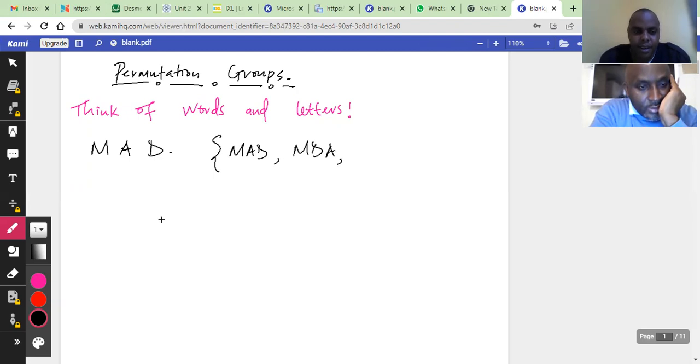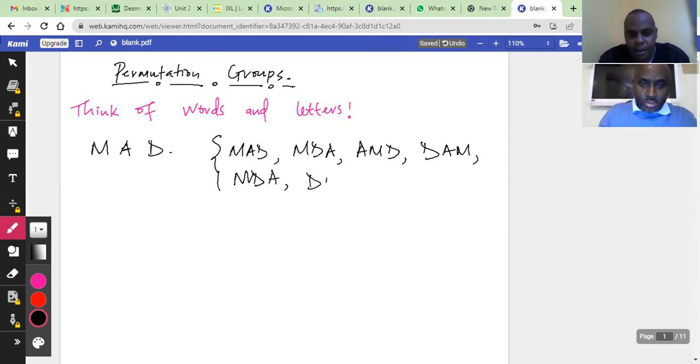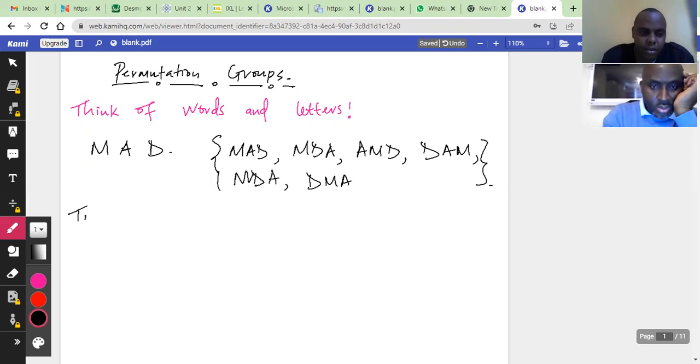You could also have AMD. You can also have DAM. You can also have DMA. So, in short, to permute is to rearrange.